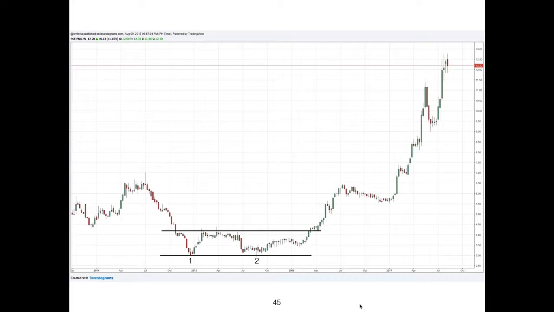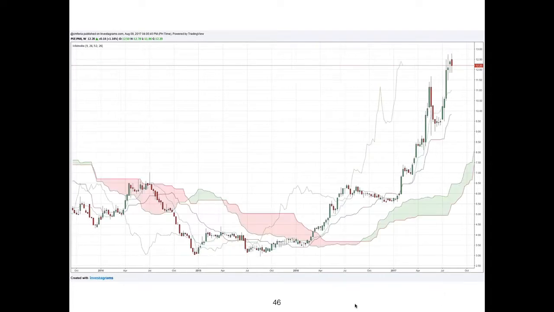But again, with regards to timing, we have to look at Ichimoku. It had a successful breakout once the breakout happened on top of the kumo.